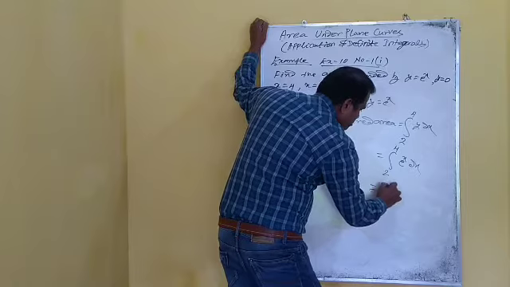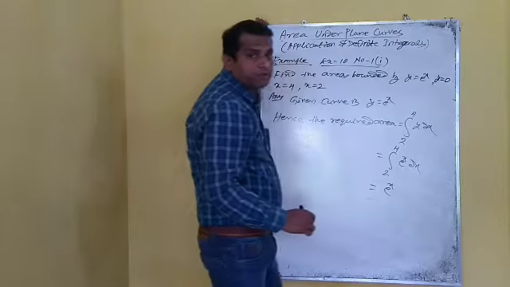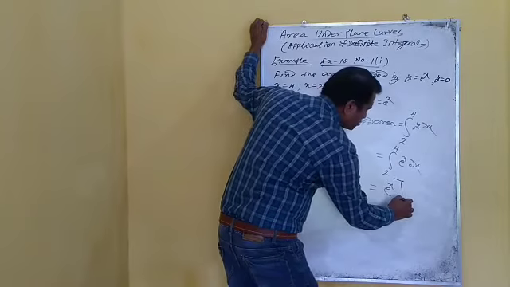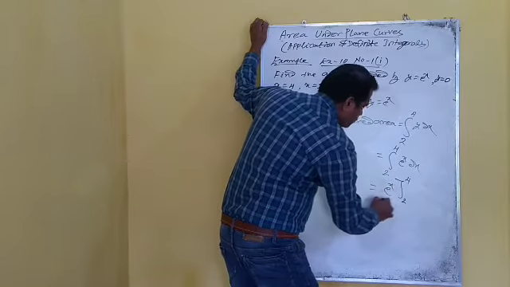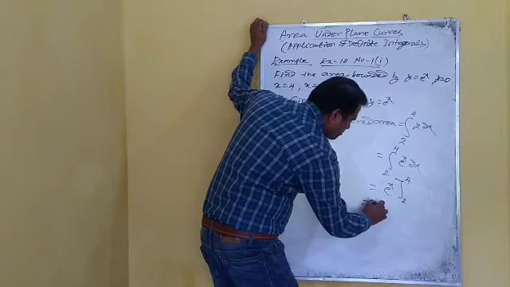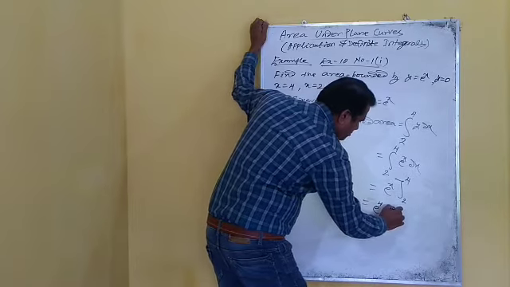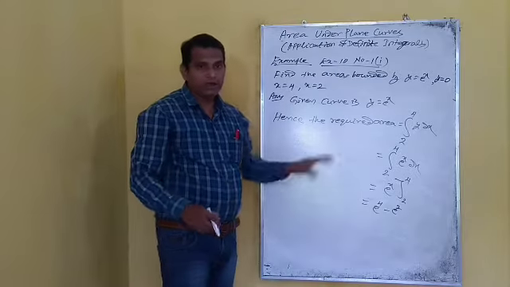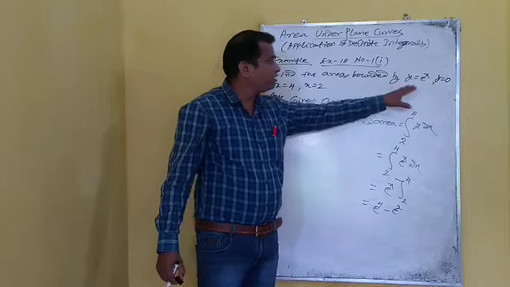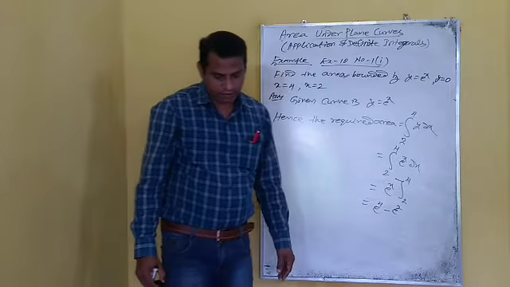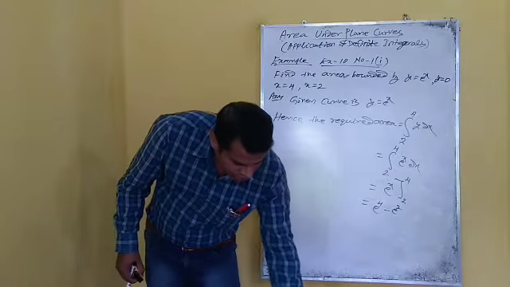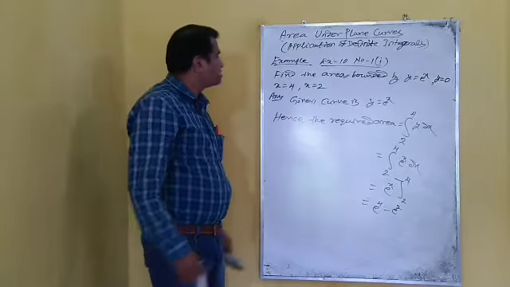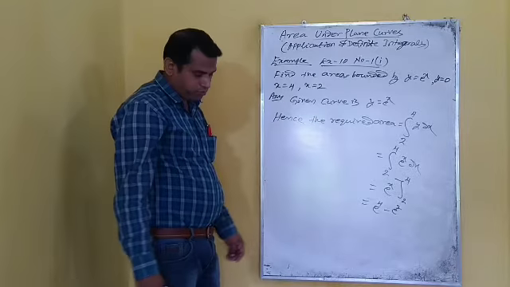You know the integral of e to the power x is e to the power x, evaluated from 2 to 4. Putting in the upper value, we get e to the power 4 minus e square. That is the required area bounded by the curve y is equal to e to the power x, the x axis, and the abscissae x is equal to 2 and x is equal to 4.